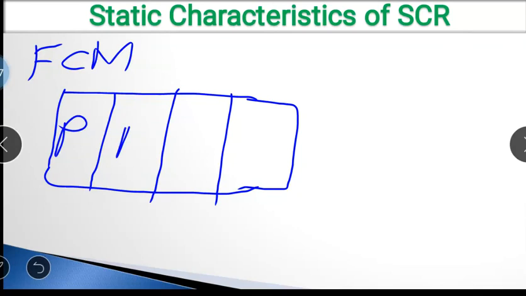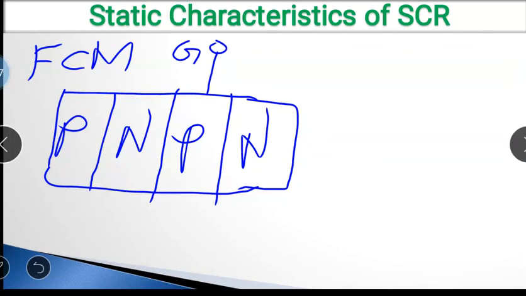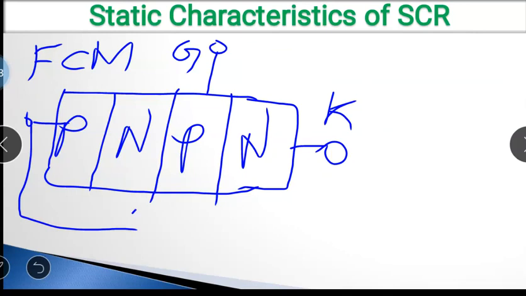You can see here that in forward conduction mode, the anode is also positive with respect to the cathode. This is the cathode. Now we will connect the battery. This is the positive, the negative. This is the anode.